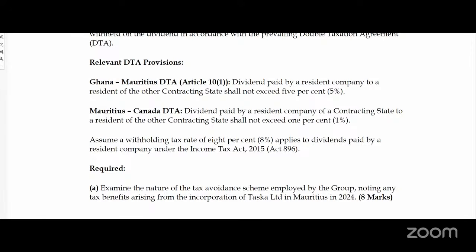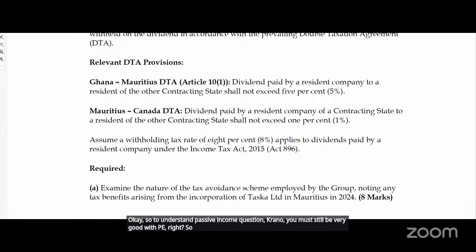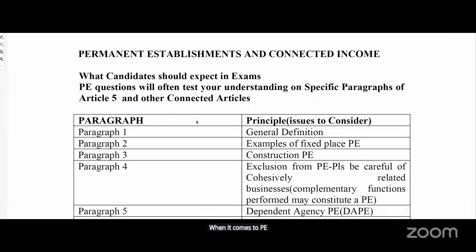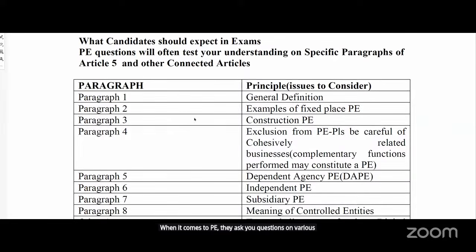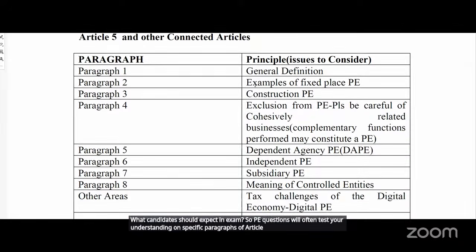Okay, so to understand passive income questions, you must still be very good with PE, right? When it comes to PE, they ask you questions on various paragraphs in PE. So what should candidates expect in the exam? PE questions will often test your understanding of specific paragraphs of Article 5 and other connected articles.